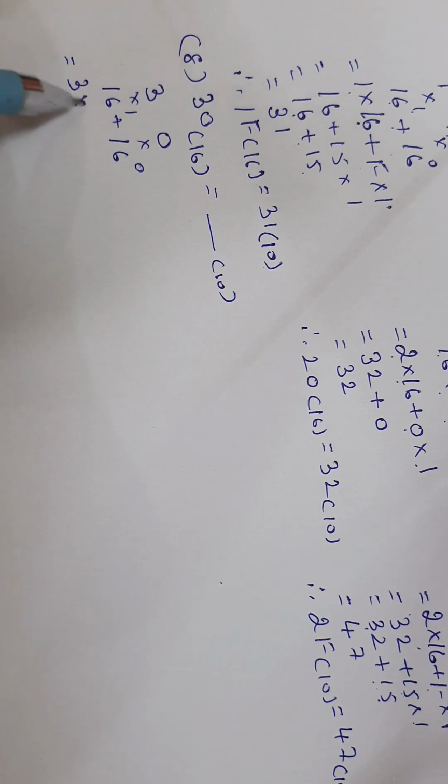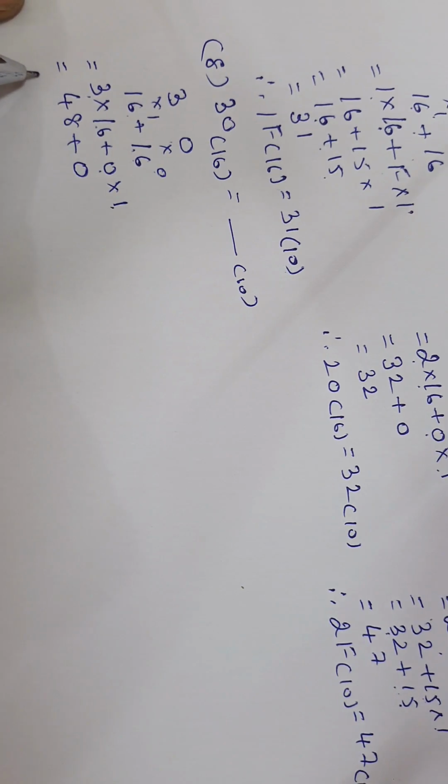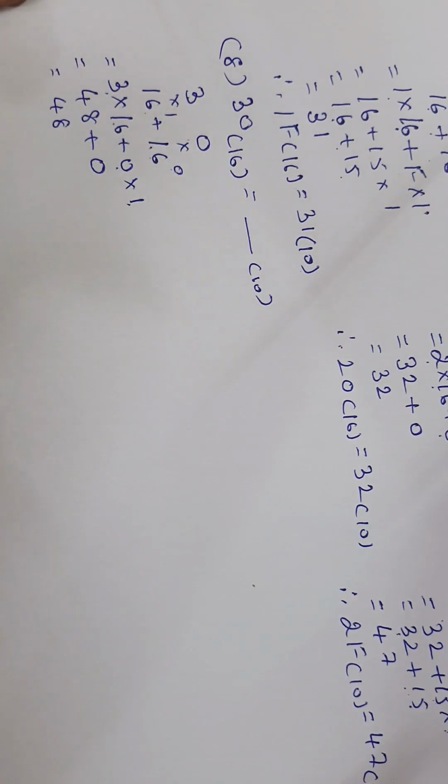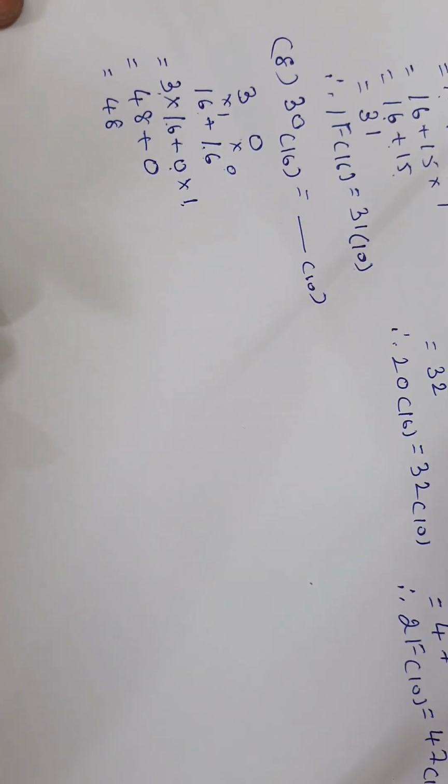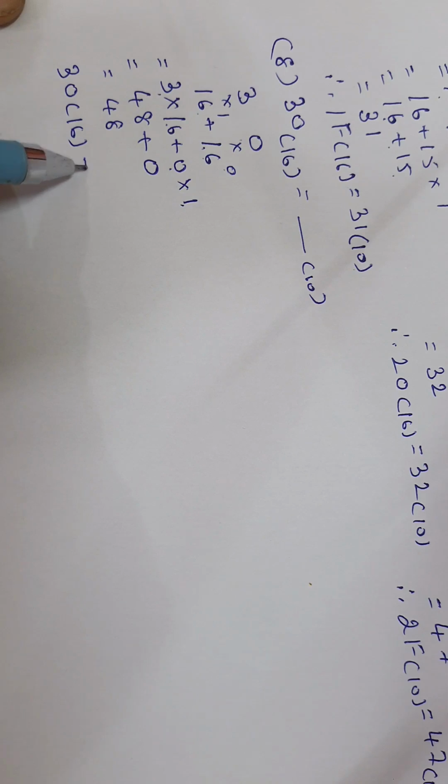So 3 into 16 raised to 1 is 16 plus 0 into 16 raised to 0 is 1. 3 16s are 48. This is 0 into 1 is 0. Hence the answer is 48. So the final answer for 30 in hex is equal to 48 in decimal.